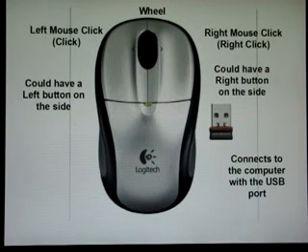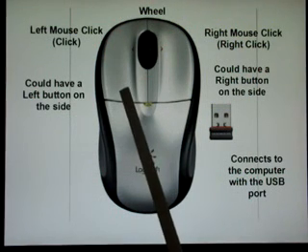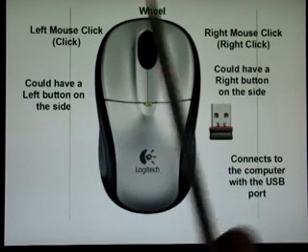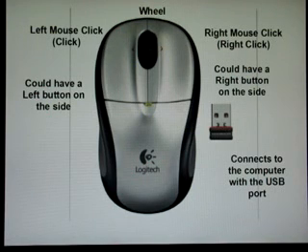Now, when we get to a selection that we're interested in, we will hover the mouse over top the icon of that item, for example on the desktop, and be able to select it by making a single click on the left button. On the left button, we commonly say click.